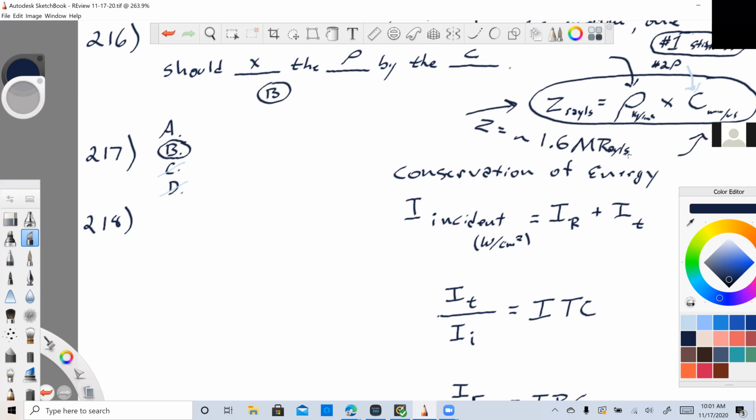That is in your book. That would be very helpful to have up in your brain. If you can't remember the 1.6, remember it's in the mega rayls. It's a huge number, millions of rayls; for whatever reason they make the numbers like that.